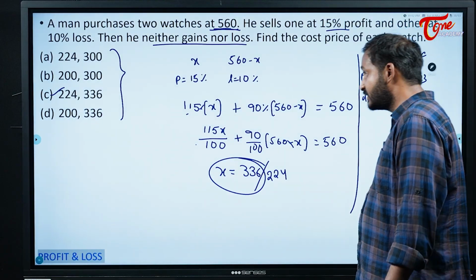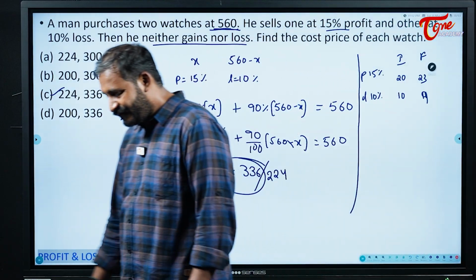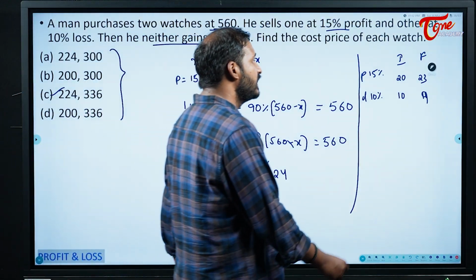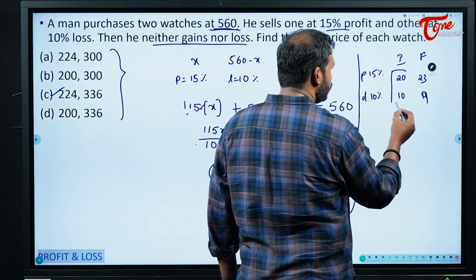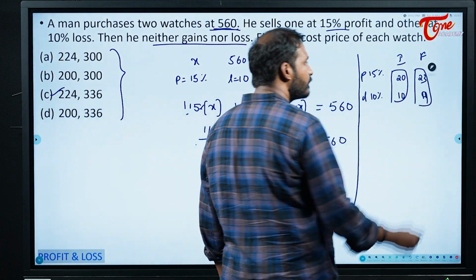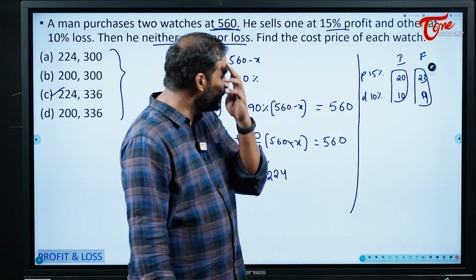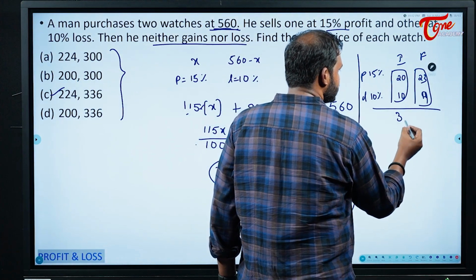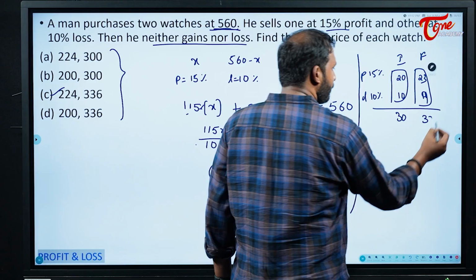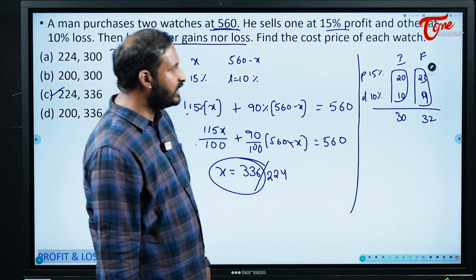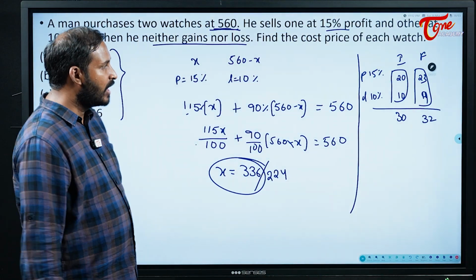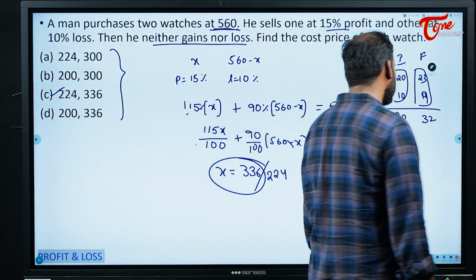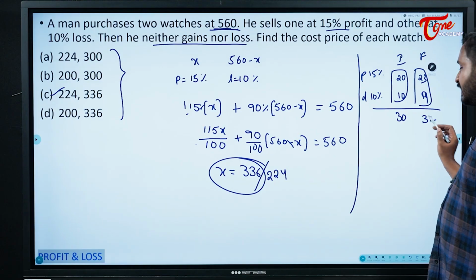Now, see here students, he is getting neither profit nor loss here. That means the sum of these two should be equal to the sum of these two. So, first of all, we will find their sums. This is 30 and this is 32.